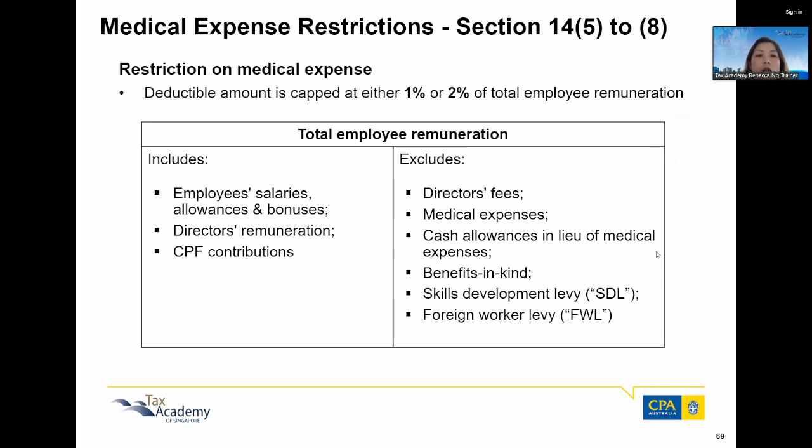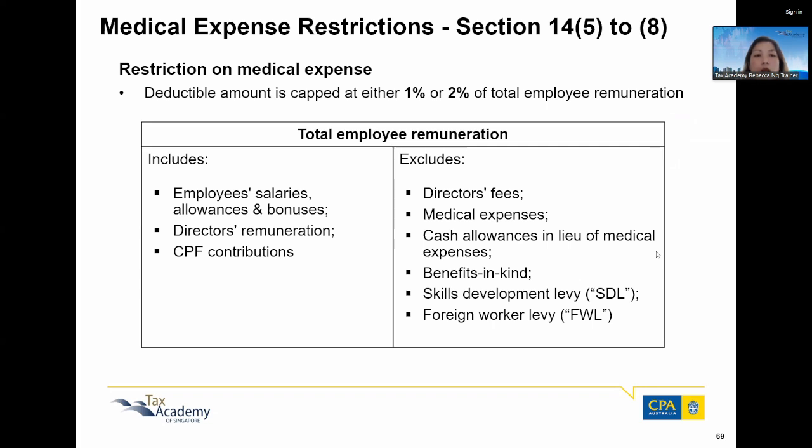Okay, in the employee remuneration in the P&L, you may also have director's fee, medical expenses, cash allowance in lieu of medical expenses, benefit in kind, skill development levy, and foreign worker levy. All these could have been included in the employee remuneration in the profit and loss account.